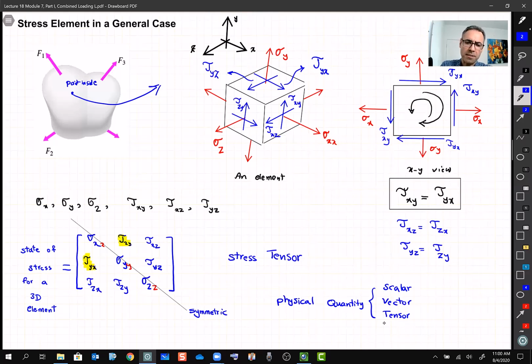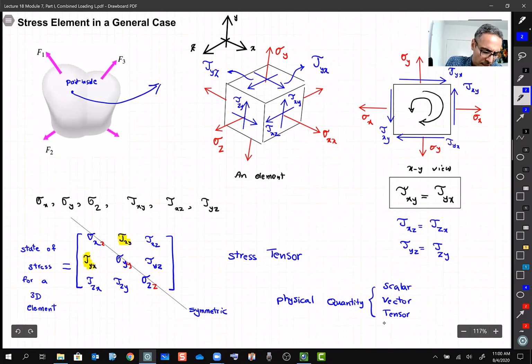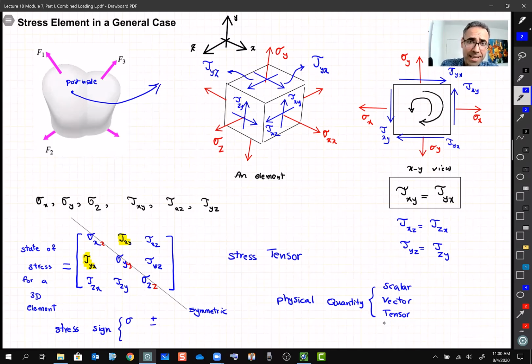What about the sign? For the sign, let me write it down here, stress sign, because I've seen a lot of times students get confused about this. When it comes to sigma, it is either positive or negative, which we had an agreement on, right?